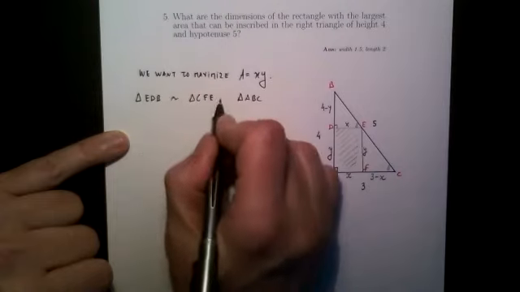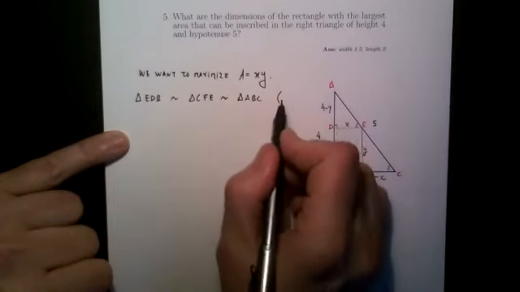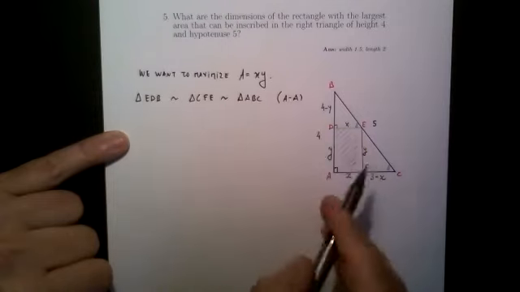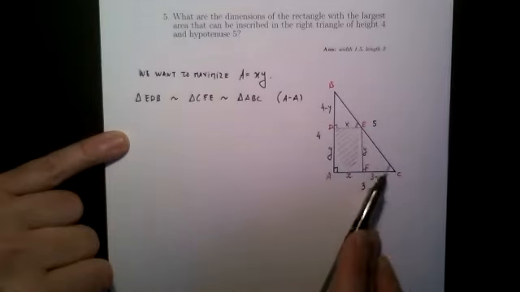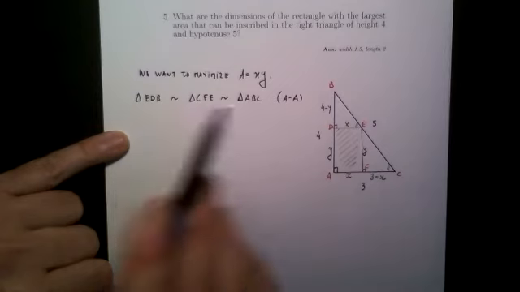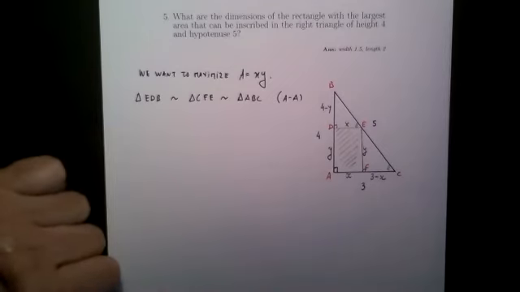They're all similar, okay, because of the angle-angle property. Okay, they all have 2 angles in common. This one and the 90 degrees. This one 90 degrees, this one 90 degrees. All 3 triangles. Good? Questions? Okay.